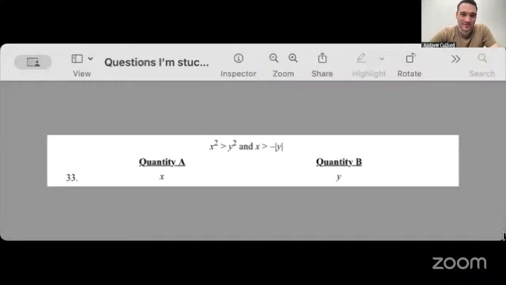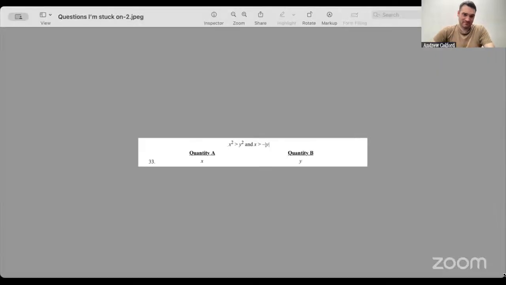Ooh, another Manhattan one. Oh, yeah, I remember this one. There's not a super elegant way to do this, aside from testing.